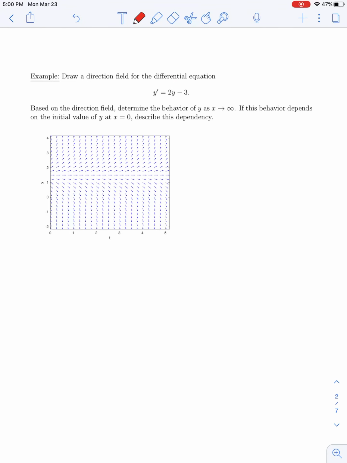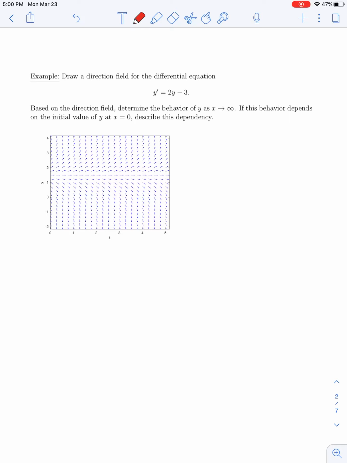So in the next couple of examples, we will consider some other direction fields and find equilibrium solutions and determine whether solutions close to those are moving towards them or away from them. In our next example, we are asked to draw a direction field for the following differential equation: y prime is 2y minus 3.